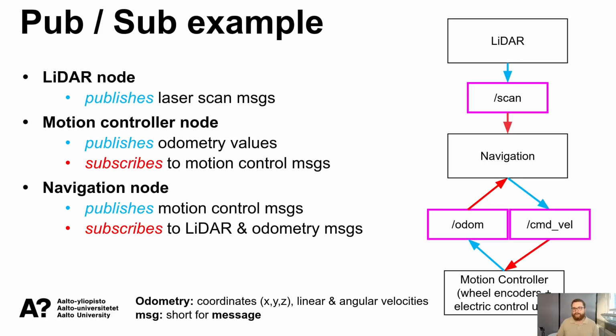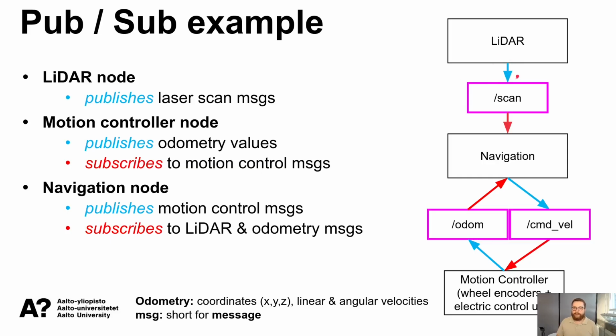Here, on the right, we have an example that you might apply when doing your mobile robot solution on ROS. These boxes with the black edges are nodes, and the purple boxes are topics.